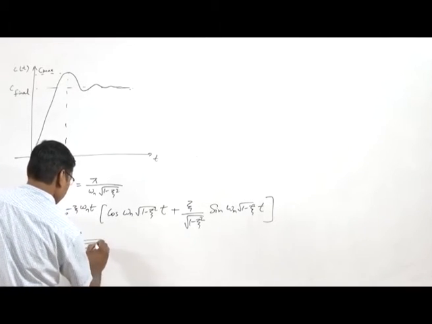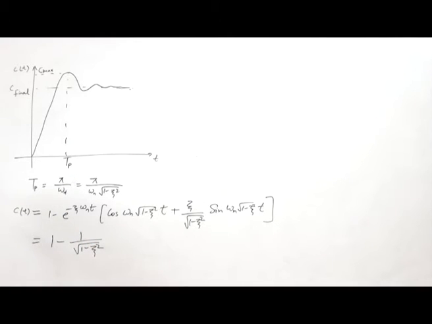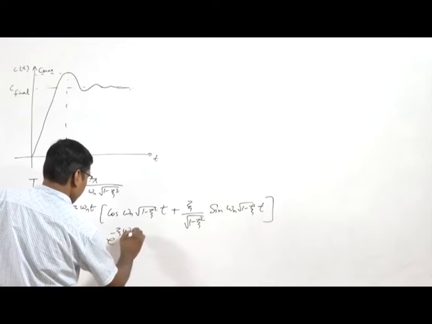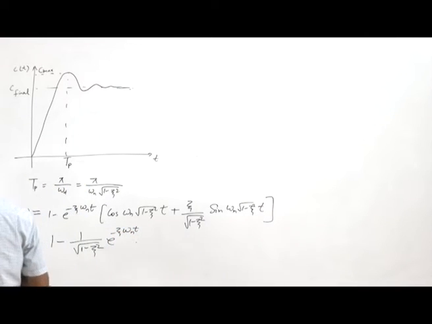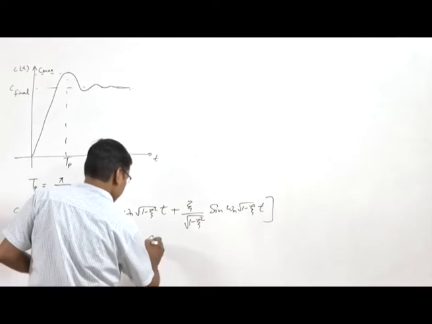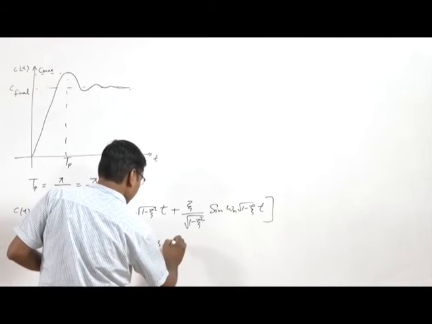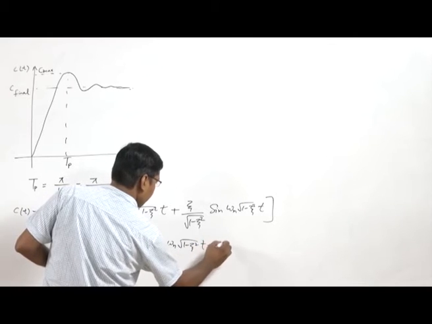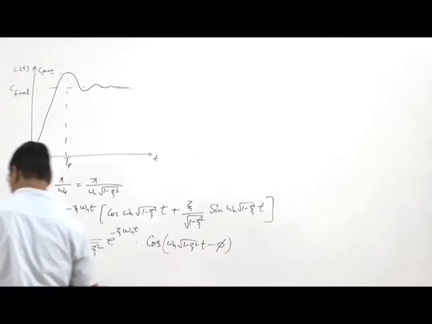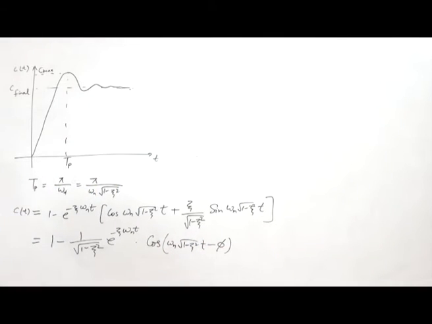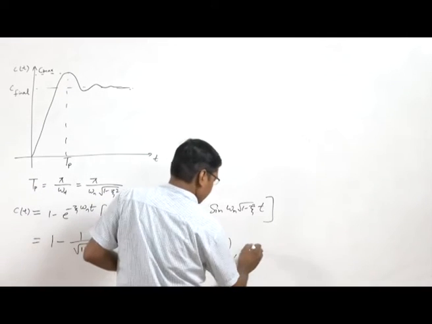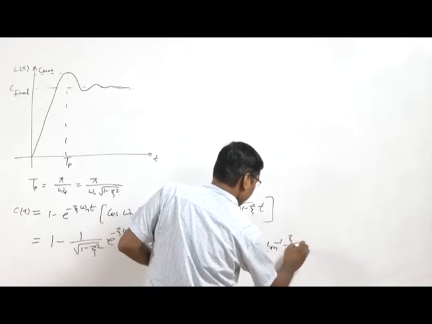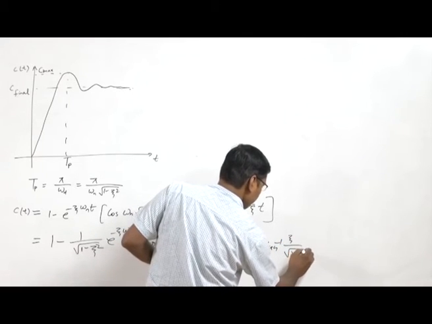Or this we could also write as 1 minus 1 upon root 1 minus zeta square into e power minus zeta omega n t into cos of omega n root 1 minus zeta square t minus phi, where phi is tan inverse zeta upon root 1 minus zeta square.